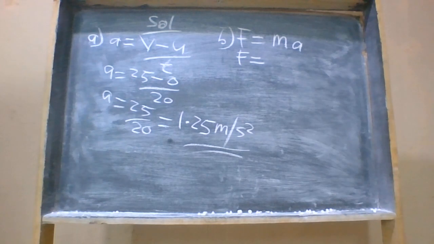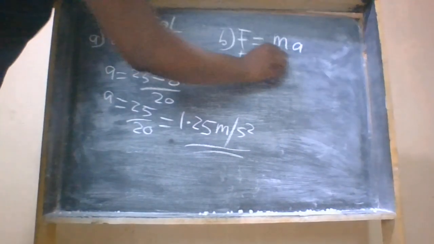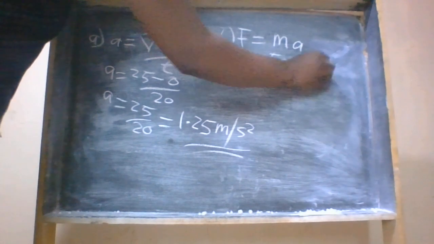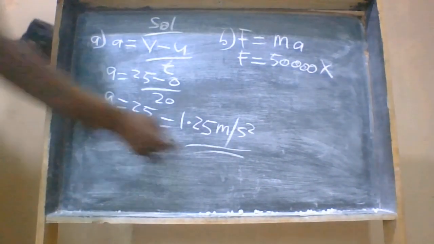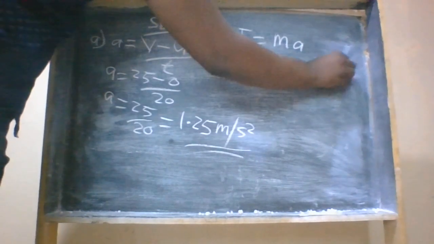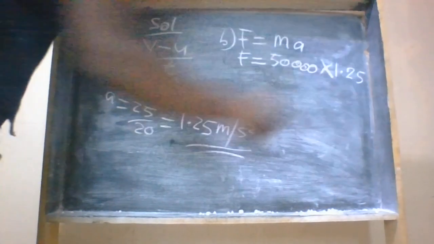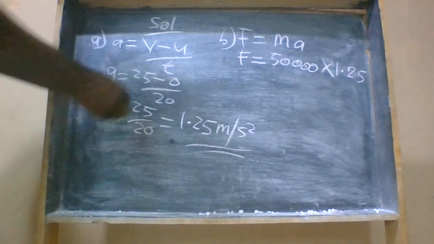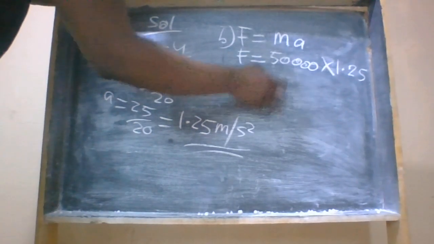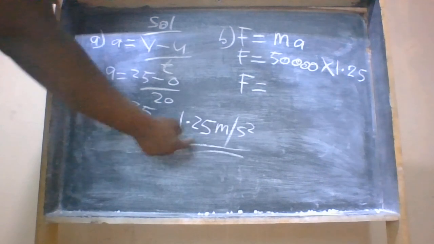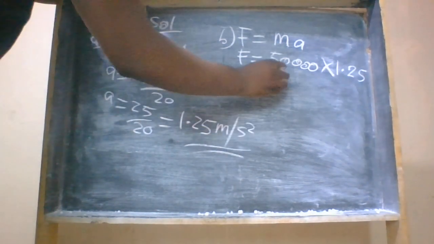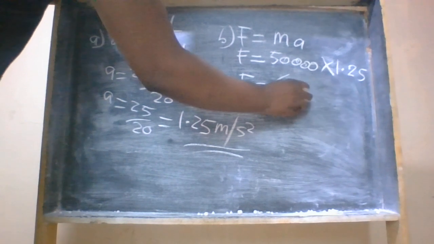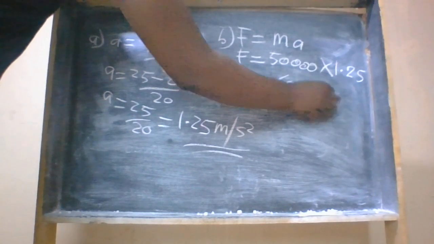The mass has been given in the question, that is 50,000 kg, times the acceleration we found, 1.25. So our next step is to multiply 50,000 times 1.25, which gives 62,500.